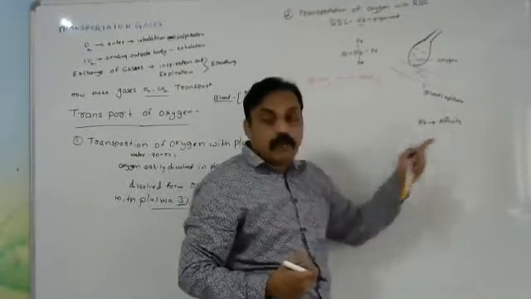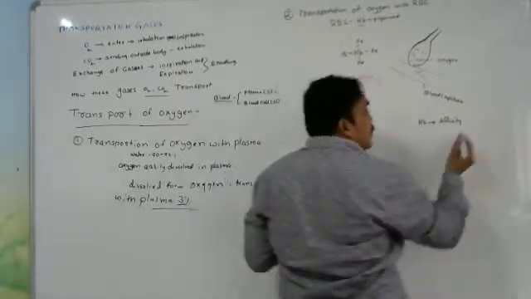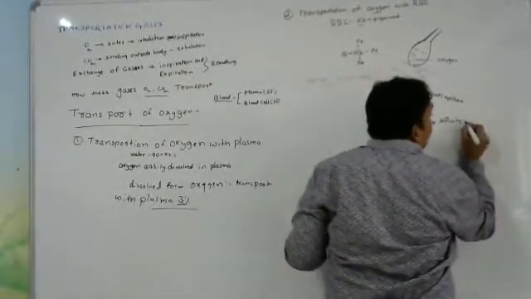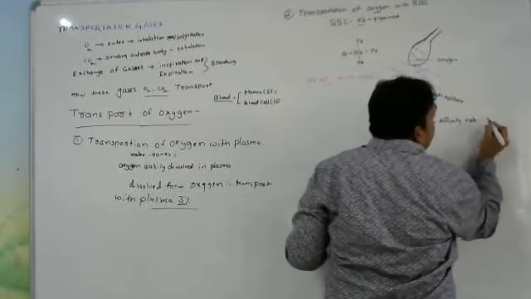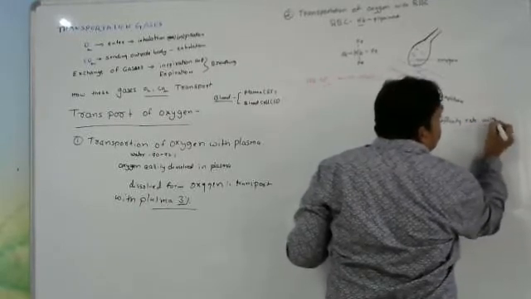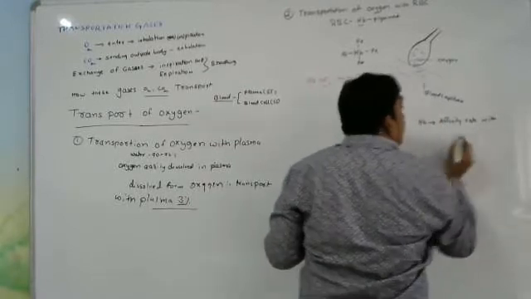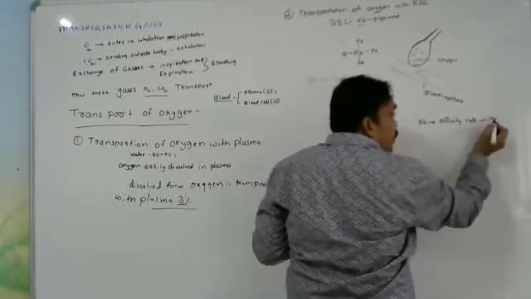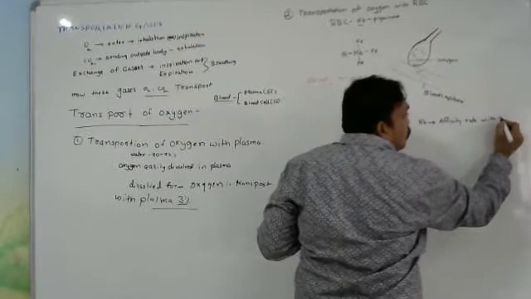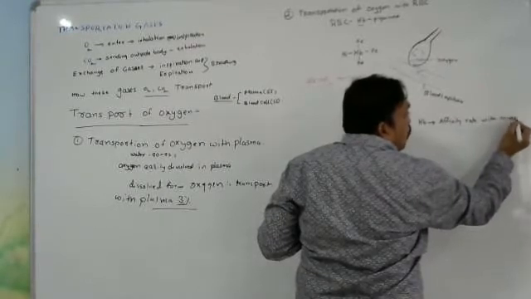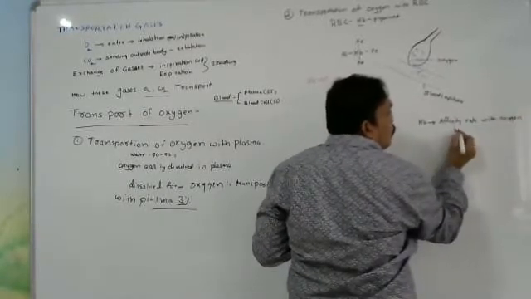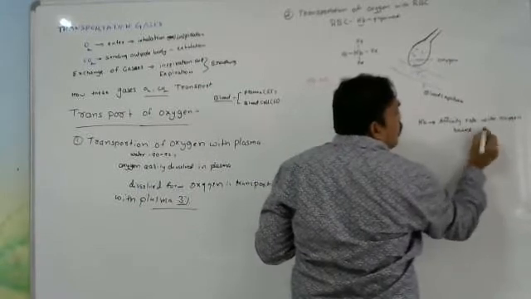The affinity rate of hemoglobin with oxygen is based on their concentration, so based on oxygen concentration.